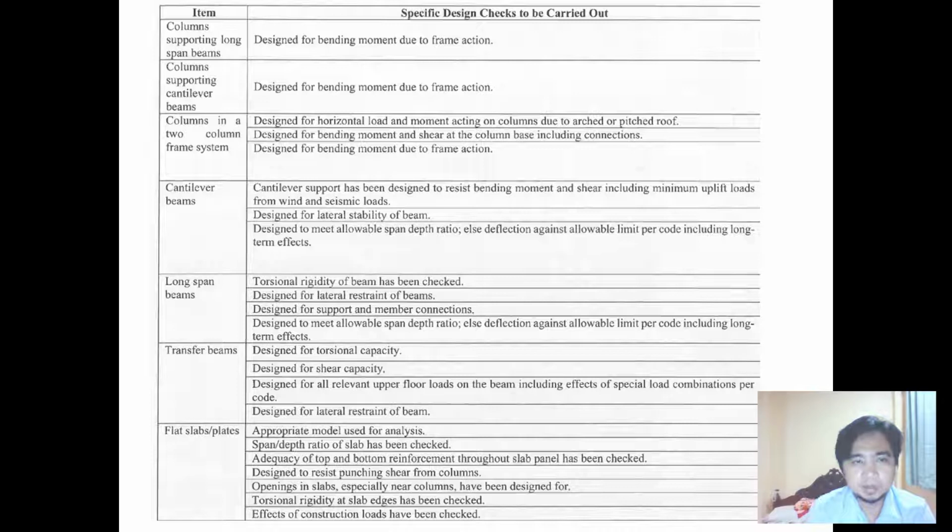So we have also items for cantilever beams, long span beams, transfer beams, flat slab, or plates. So may we note all of those specific that should be checked or to be carried out by the peer reviewer.